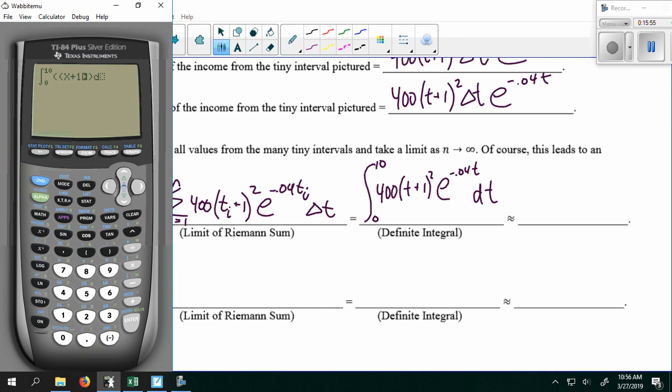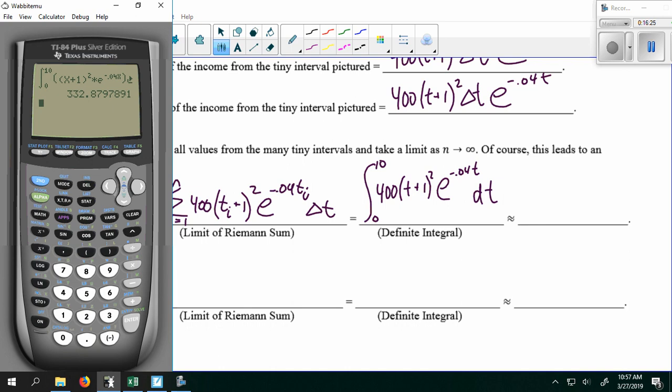So 0 to 10 of (x plus 1) squared times e to the negative 0.04 t, or x, because I'm using x, dx.